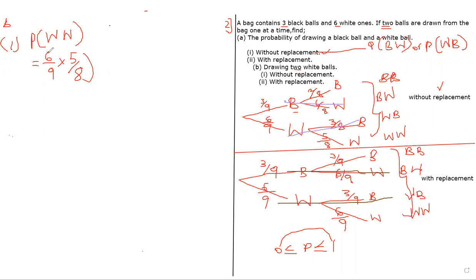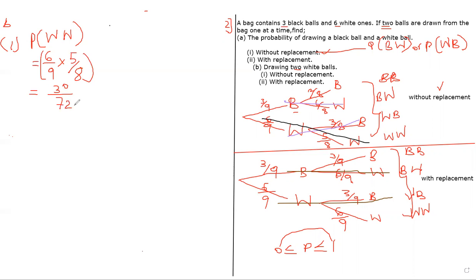That is without replacement, and this is the way I've reached there. Just go white, white. 6 over 9 times 5 over 8. So that becomes 30 over 72.